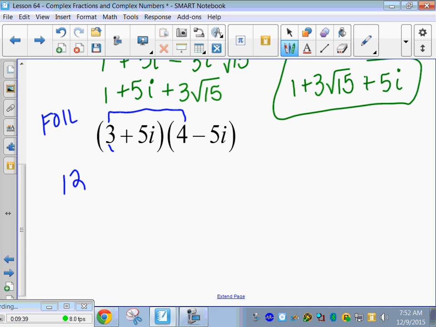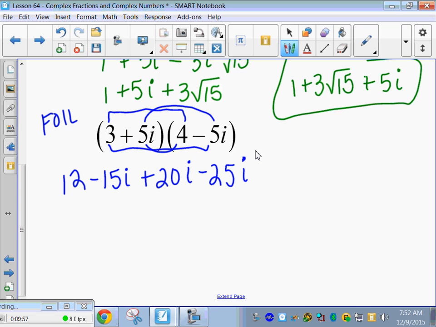Landry, what do I get when I multiply the outside? Good. Ian, what do I get when I multiply the inside? Plus 20i. And Ethan, what do I get when I multiply the last? Yeah, -25i close. I times I is I squared.